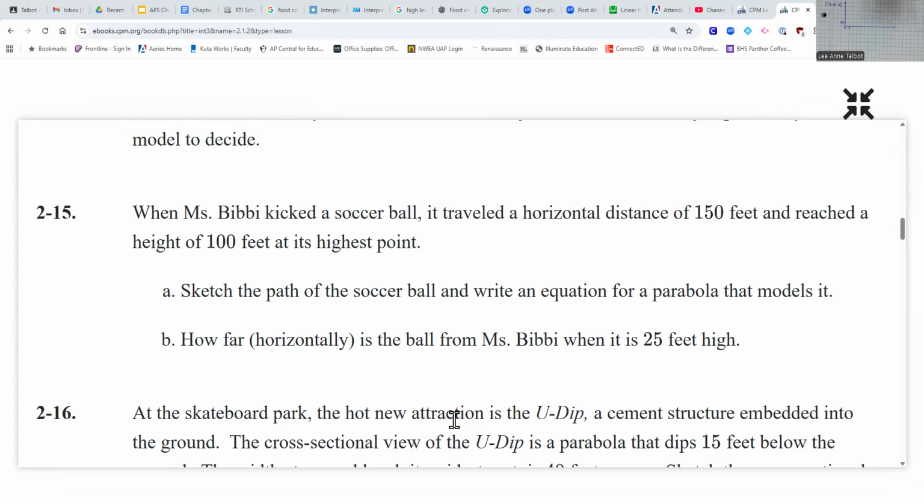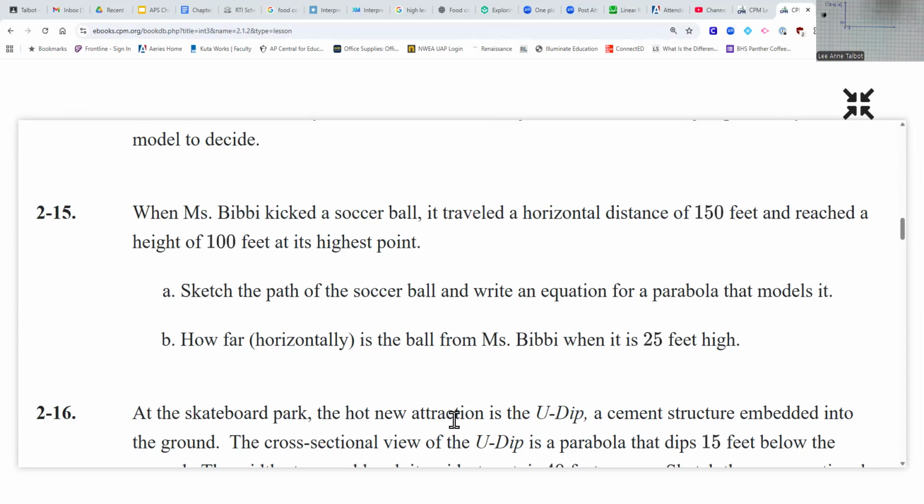I already told you how to scale it. So keep going on the x-axis with your marks until you get to 150. You understand what I'm saying? Okay, and then it says reach a height of 100 feet at its highest point. So go on the y-axis and go up to 100.